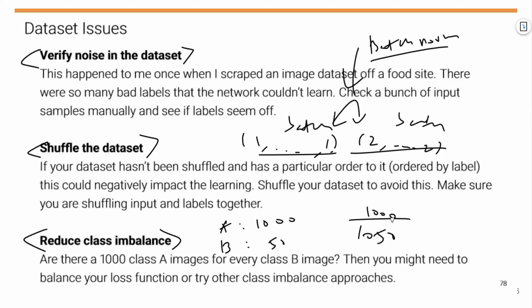Therefore, our model will not try to learn, but only say the output should always be A. Therefore, you need to reduce the class imbalance.